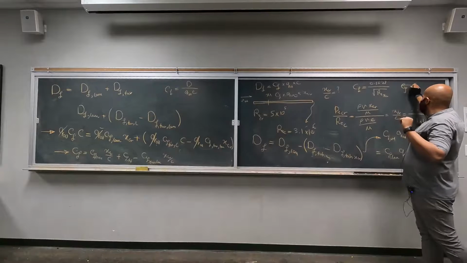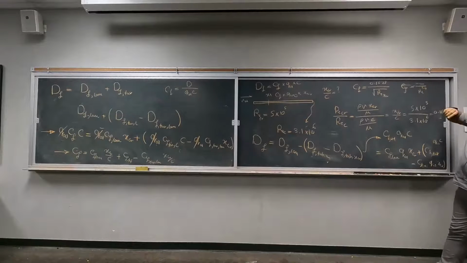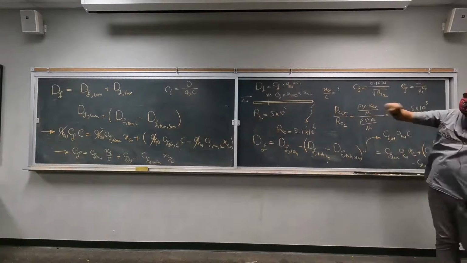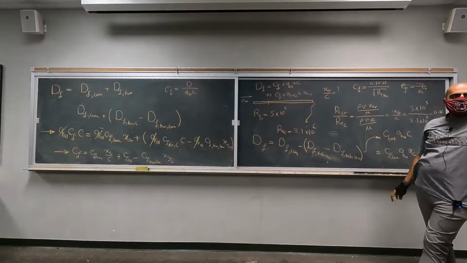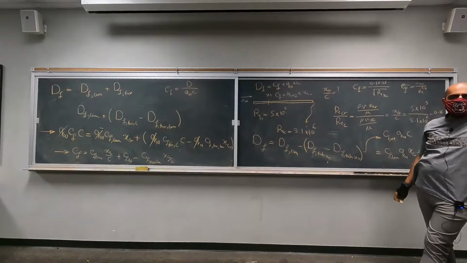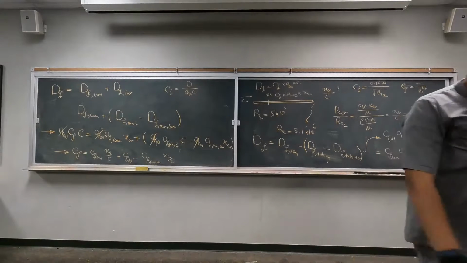And we also had the equation for the turbulent, Re to the power 1/5. Plug the Reynolds number in, calculate the CF. And eventually, you should be able to find the net CF. Yes? Is this clear? Okay. So let's stop here.